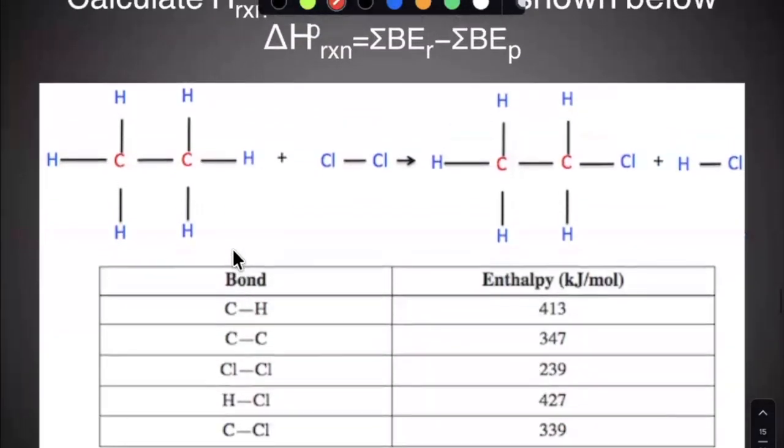Okay, and for this one, you'll see this question, and it'll be rather obvious because it's the only one that shows you these Lewis structures. So what I want to do is count the number of bonds before and after.